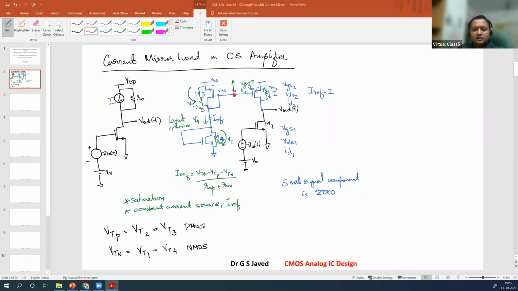Now let us go into it in smaller detail. Here in this analysis, what is your critical device? Because these two are diodes, these two are diodes, this is only the mirroring circuit and this is the active portion.